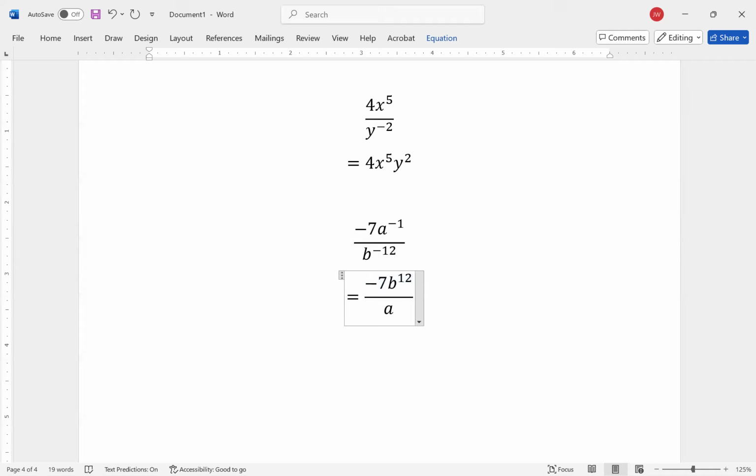So anything with a negative exponent in the numerator can be swapped to the denominator and then forced to have a positive exponent, or vice versa. Any negative exponent in the denominator can be swapped to the numerator and have a positive exponent.